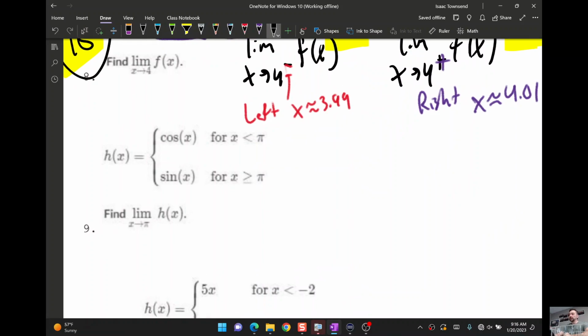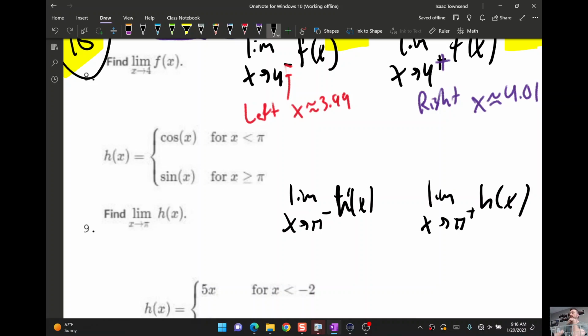Okay, so for question 9, the limit as x approaches pi. So I'm going to think about it as x approaches pi from the left and right. Now again, I don't normally write all this, but this is what mentally has to go through your head. From the left, you would want an x value slightly smaller than pi. So that's how I know to plug that into the top thing and get an answer.